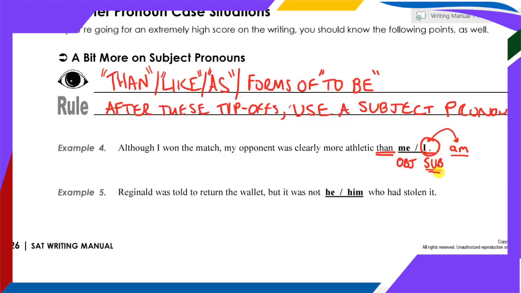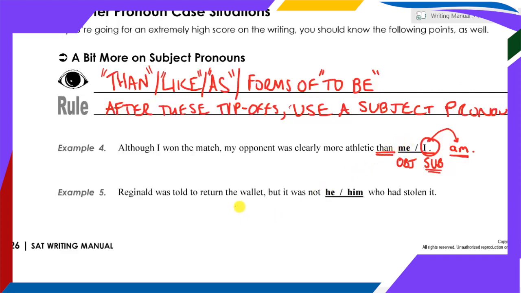Remember that I is the subject form of the pronoun. That I is the subject of that unwritten verb am. My opponent was clearly more athletic than me am obviously would not sound correct. When you actually put the verb at the end of the sentence, you can see why the object form of the pronoun is not suitable.